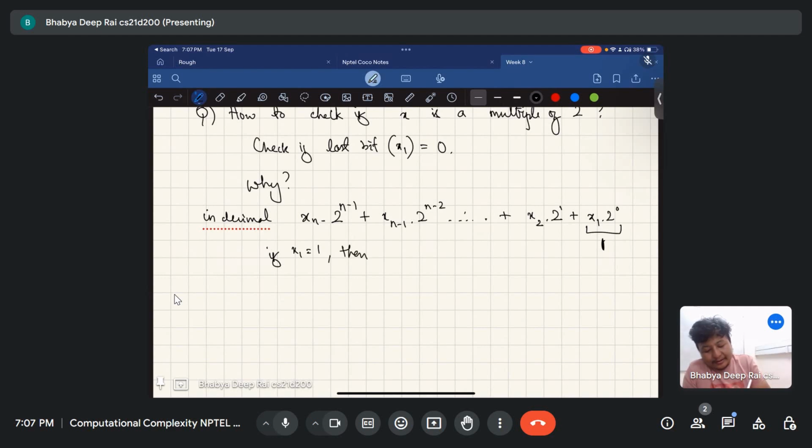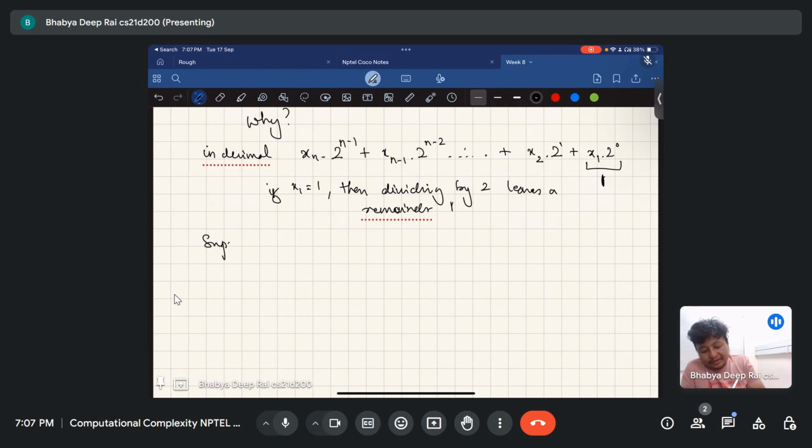Then dividing by 2 leaves a remainder 1. Now suppose I want to divide by 4.